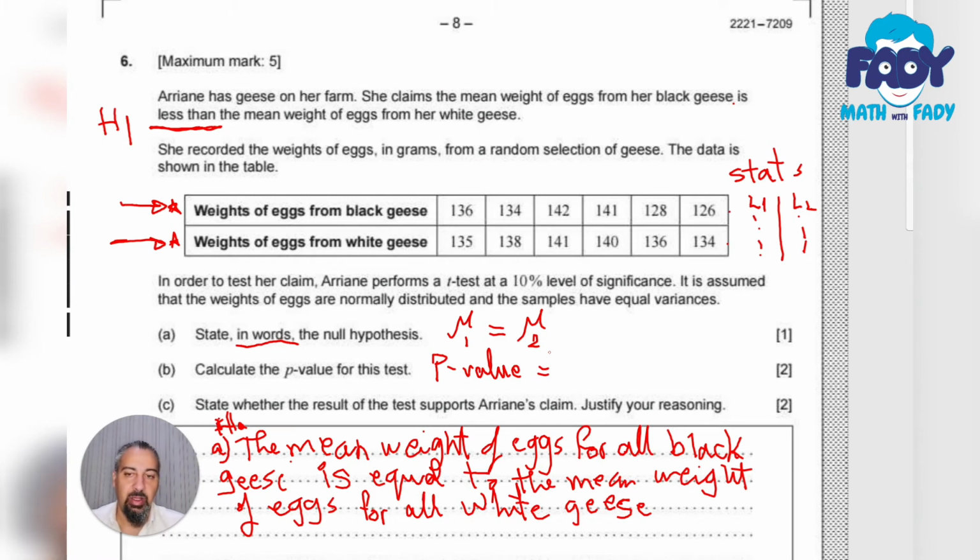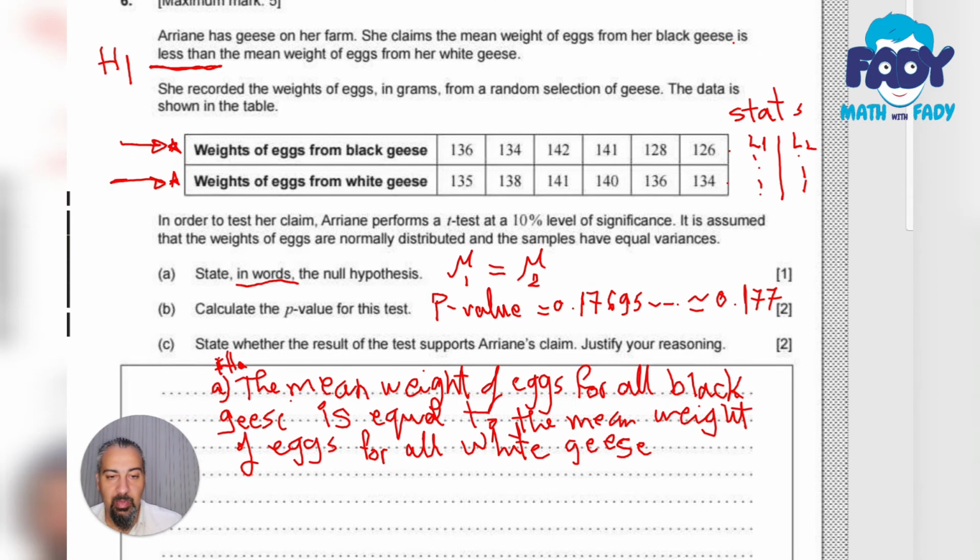We must know how to use the calculator to find it. So we will get 0.17695 and so on, which is approximately 0.177. So this will be our p-value.